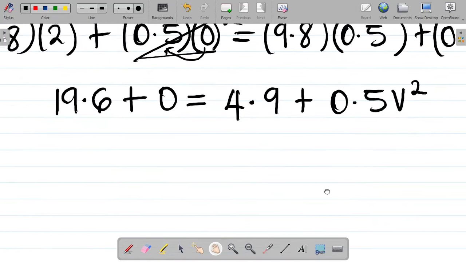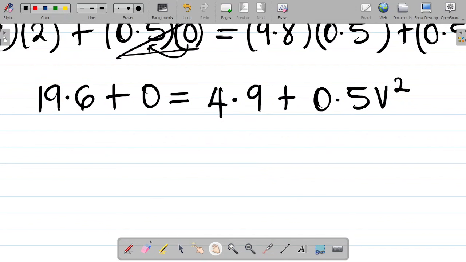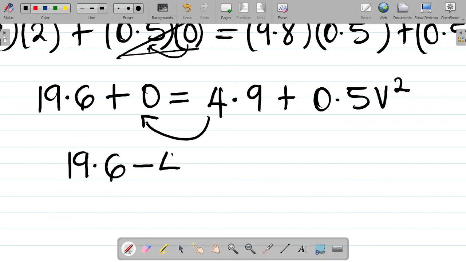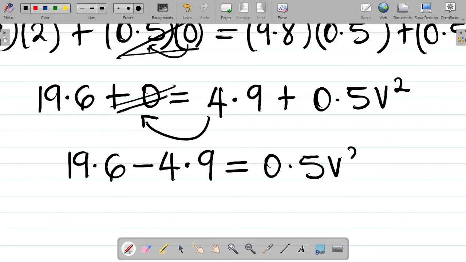All right, at this point, let's solve this. My first task will be moving this over here. That becomes 19.6, and 4.9 moves over and becomes minus 4.9, so the 0 goes off. It is equal to 0.5 v squared.